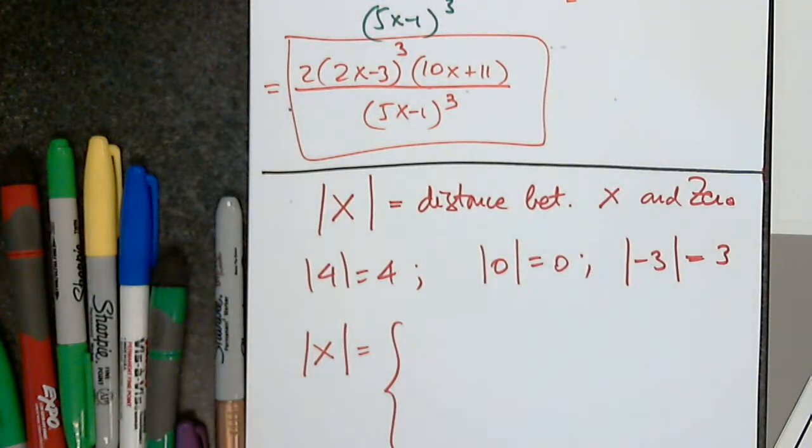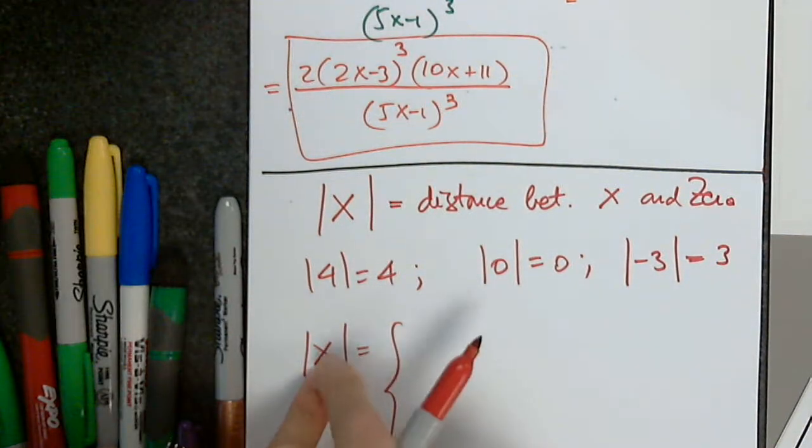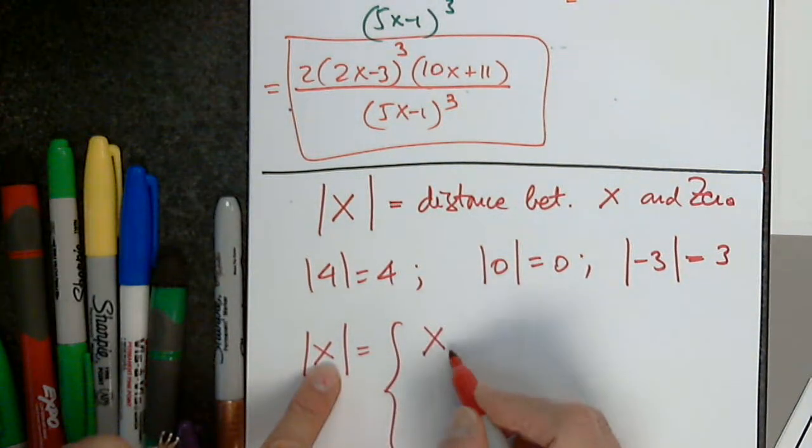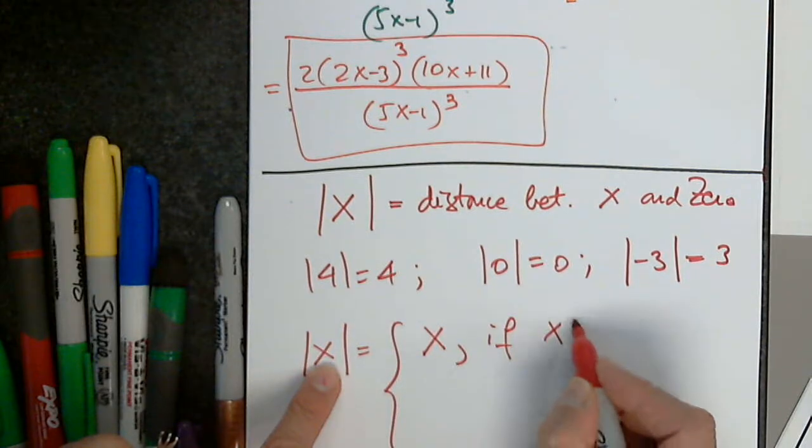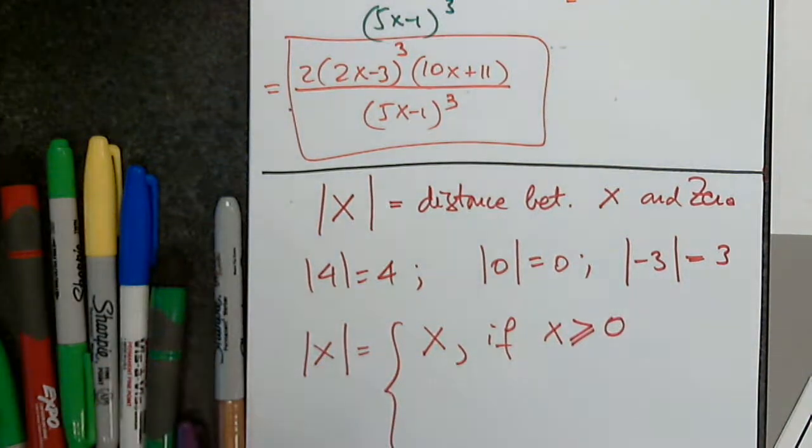So if I'm told, find the absolute value of a positive number, what will I always get? The number. One more time. If I'm asked to find the absolute value of a number that is positive, what will the answer always be? That same number, correct? So the absolute value of a number is x if the number is positive or 0.